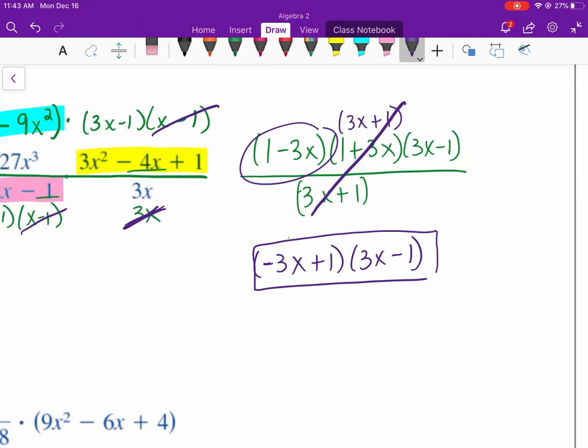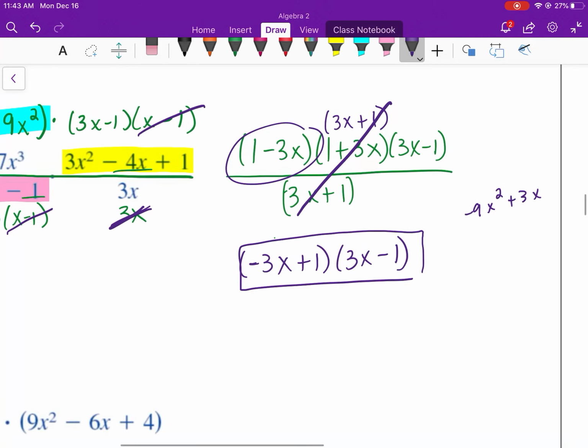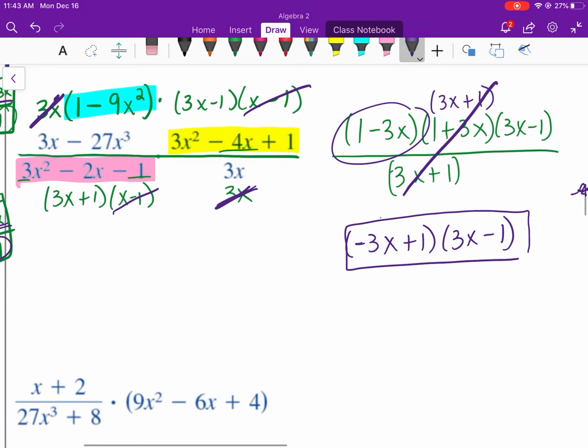So there we go. I think if you multiply that out, I feel like they're conjugates. It might even... oh, it doesn't cancel. Okay, so just leave it like that.